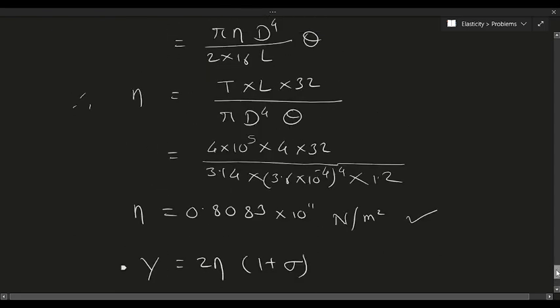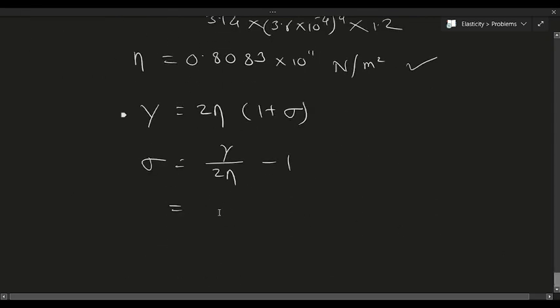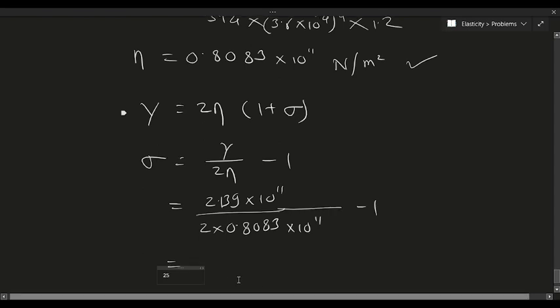Substituting the values of Young's modulus just calculated and also of shear modulus, divided by 2 into 0.8083 into 10 raised to 11, minus 1. On calculation we get 0.323, the value of Poisson's ratio. It is unitless. We stop here.